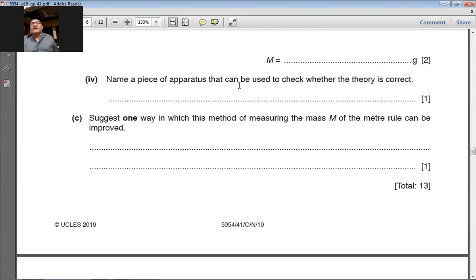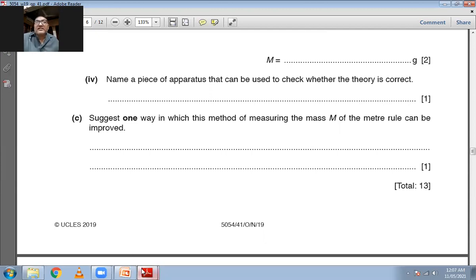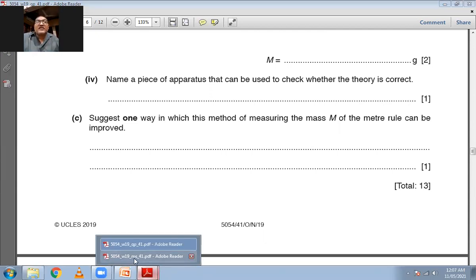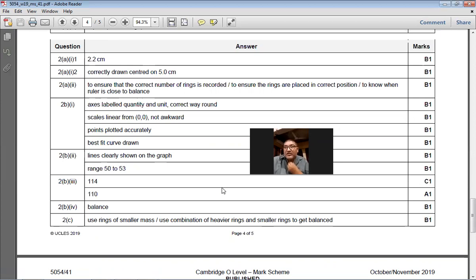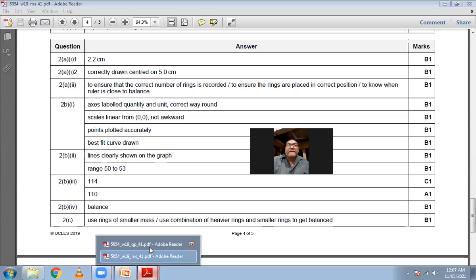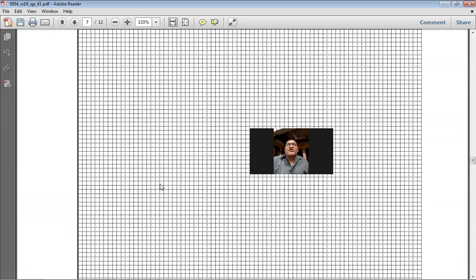And we give the answer, use rings of smaller mass. So I was taking you to the marking scheme. So here you see the marking scheme is showing up. I told you to stop this video, pause this video, and have a good look at this marking scheme.